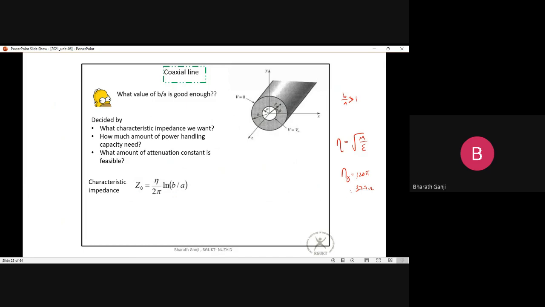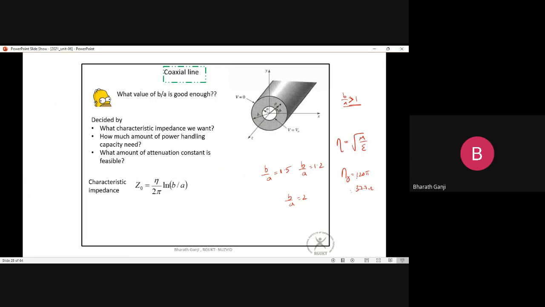By choosing various values of b by a, obviously greater than 1, say I can choose b by a equal to 1.5, or 1.2, or 2. So I can choose different values of the b by a ratio. What changes when I change the b by a ratio is the characteristic impedance. How does this characteristic impedance affect us?